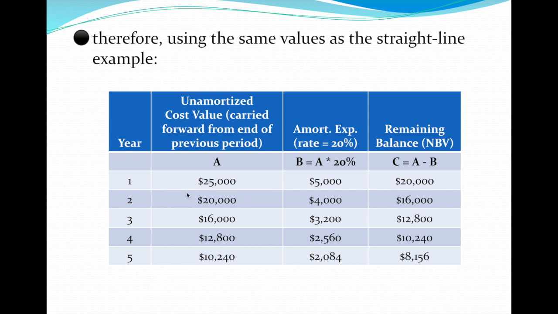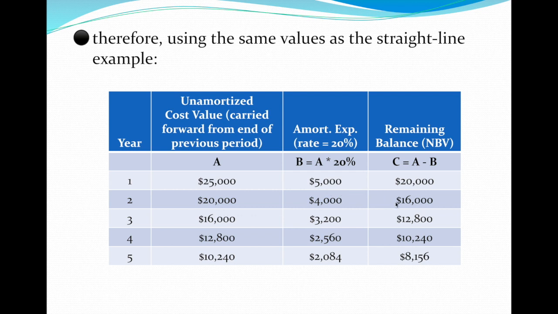So we start with $20,000, our net book value from the previous period. We find our amortization expense: $20,000 times 20% is equal to $4,000. And then to find our net book value, we take our net book value from the end of last period, $20,000, minus $4,000, which is equal to $16,000.